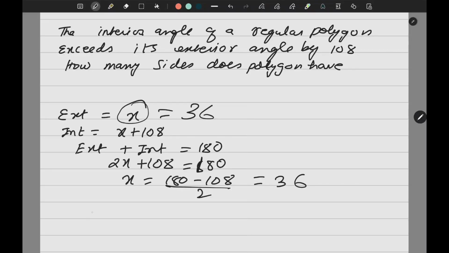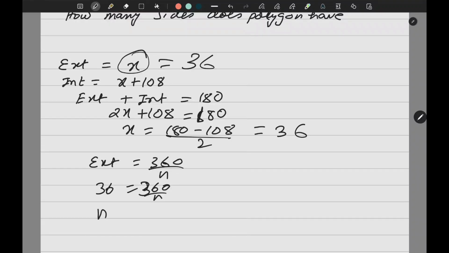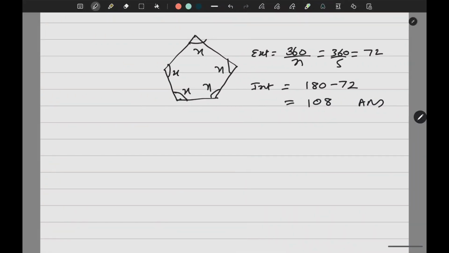Okay, and what I know, exterior angle is equal to 360 upon n. So 36 is equal to 360 upon n, right? So n is equal to 360 upon 36, that is 10. That is my answer. Correct? So this is how we have to do the question.